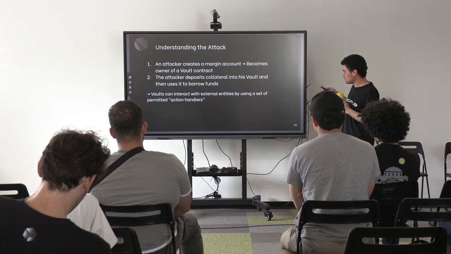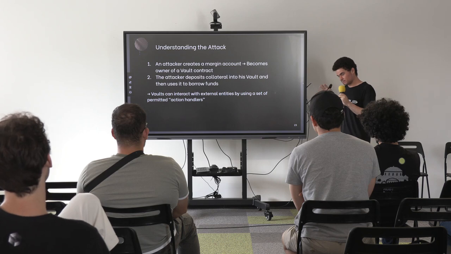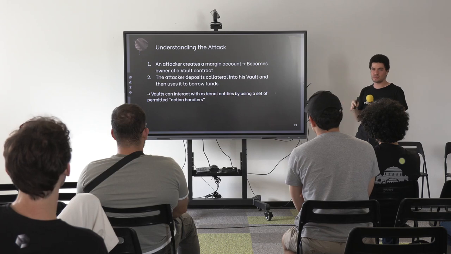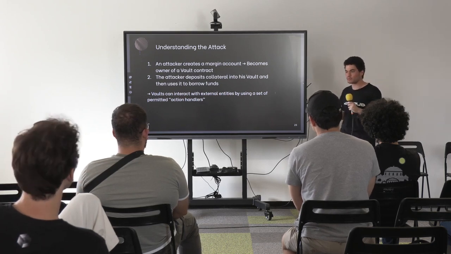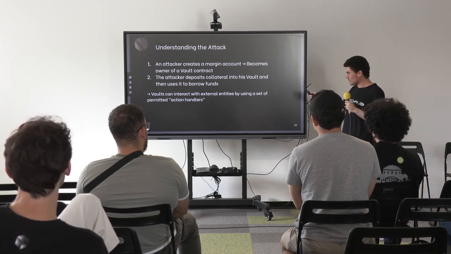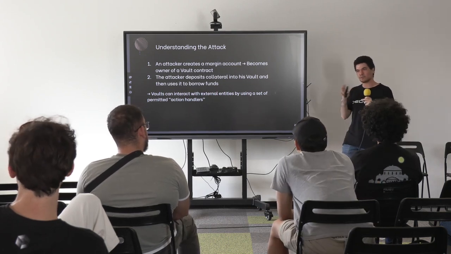So you have a vault contract. You deposit funds into it, and then you can use other parts of the protocol code in order to borrow funds. Before checking the code, vaults seem a bit like wallets, right?